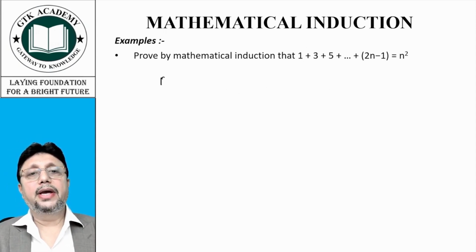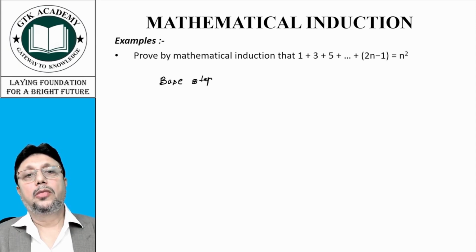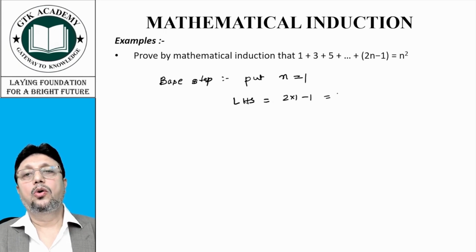Now, the base step. We have to check whether it is true for n is equal to 1. So put n is equal to 1. Then the left hand side becomes 2 into 1 minus 1, that is 1, and there will be no other term.